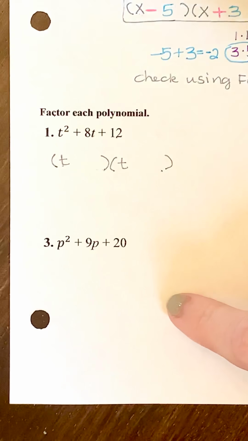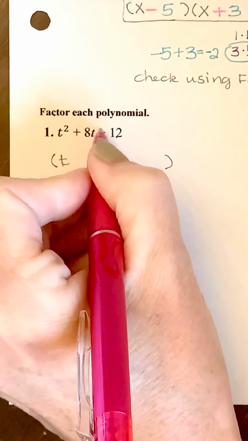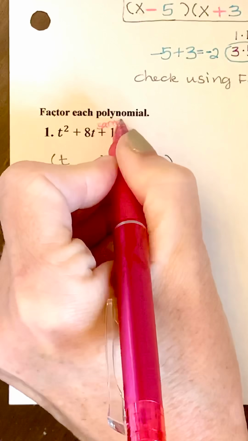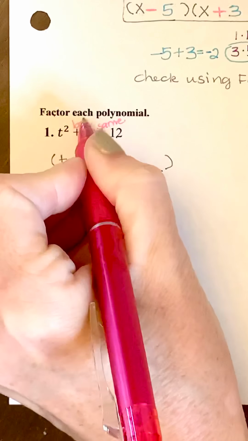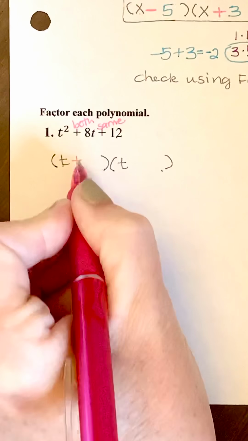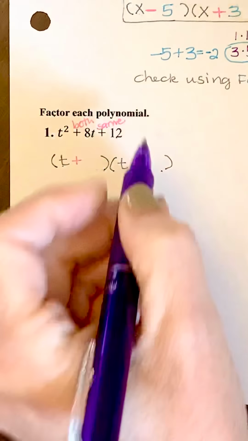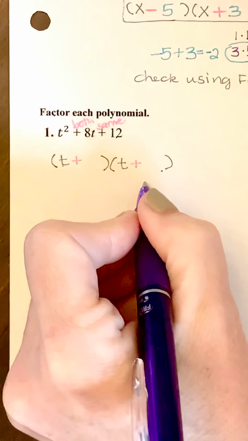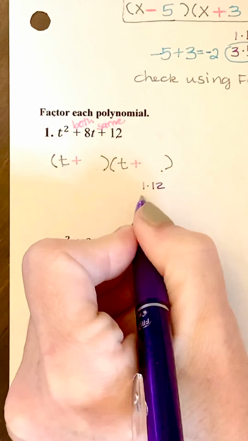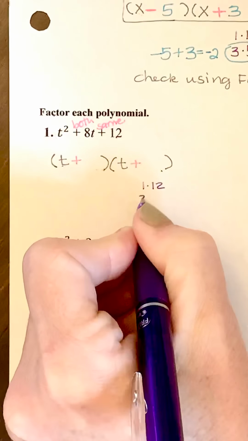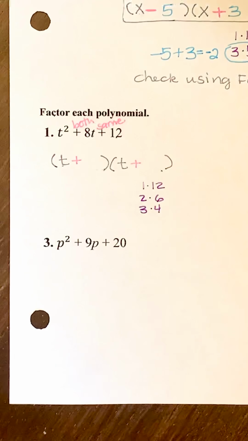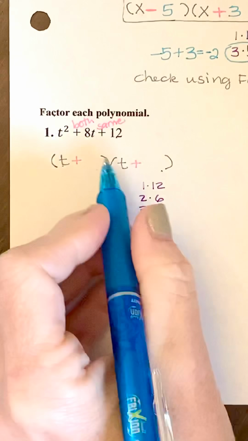Okay, step 2 is to figure out the sign. This tells you the signs are the same. This tells you they're both positive. So positive, positive. Okay, now we list the factor pairs of 12. It's 1 and 12, 2 and 6, 3 and 4. Okay, which factor pair will add to give you 8?